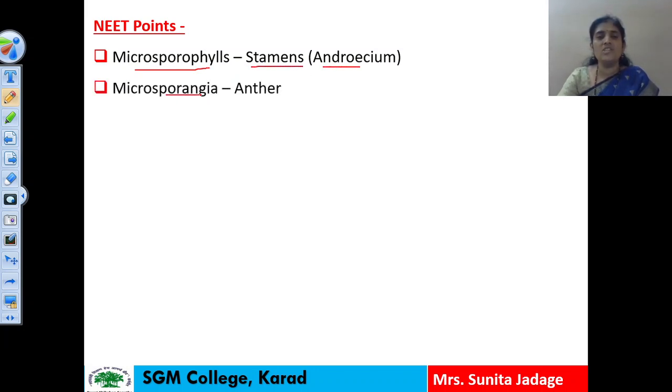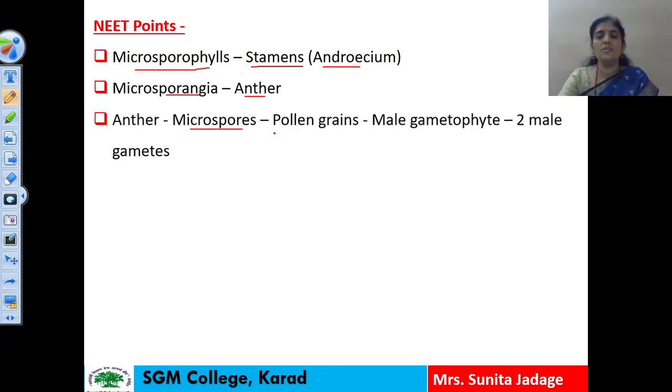Microsporangia are known as anther, and inside the anther microspores are formed, which are known as pollen grains, and from the pollen grain the male gametophyte is formed, which shows two male gametes. In primitive plants, meaning gymnosperms, pteridophytes and bryophytes, the term microsporophyll is used, but in angiosperms it is known as a stamen. Microsporangia are known as anther, and inside the anther microspores are formed, known as pollen grains, and from the pollen grain the male gametophyte develops, having two male gametes.